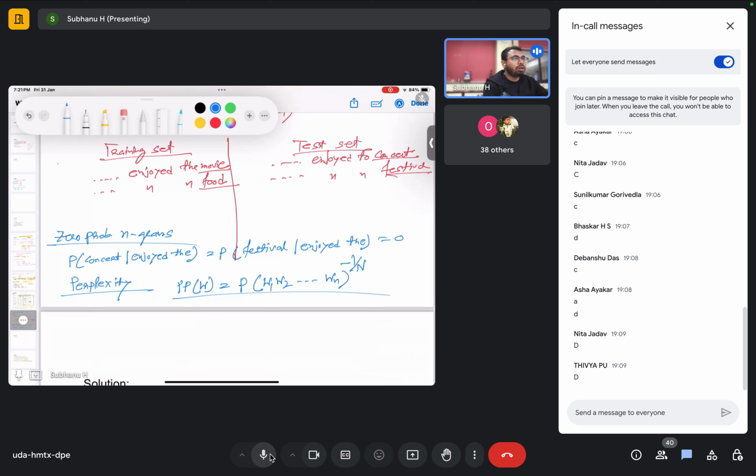Okay. So if we have this kind of situation, then we can't calculate the perplexity. So what is the problem? The problem is we have zero at many places.